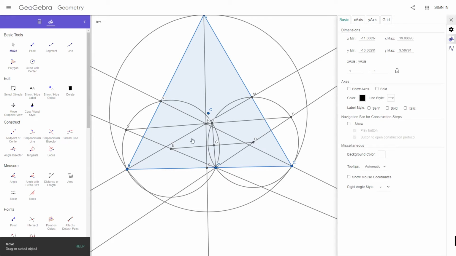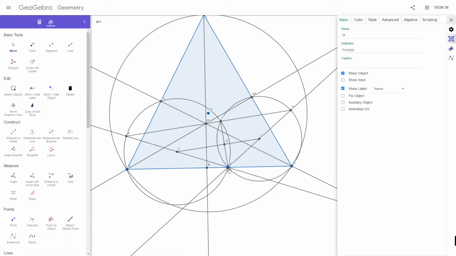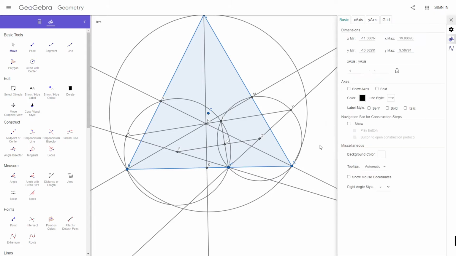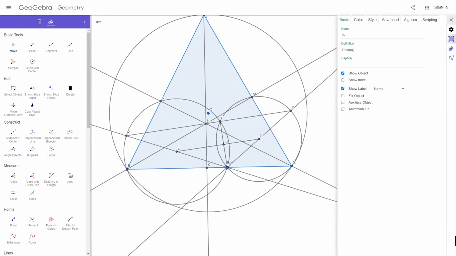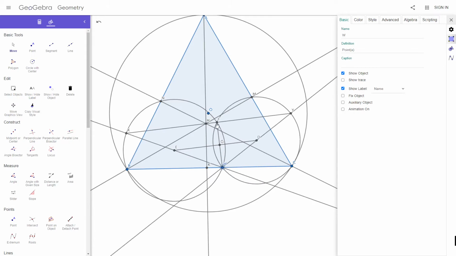The way we're going to do this is first we're going to move this W around a bit so we can see our diagram a bit better. And I think the way we are going to do this is to show that WFA is collinear. Is that a thing? Let's see. It is a thing. And then use power of a point. That seems like the best way to do it.